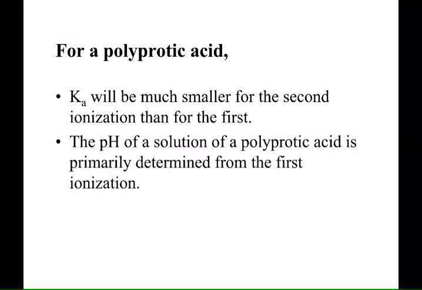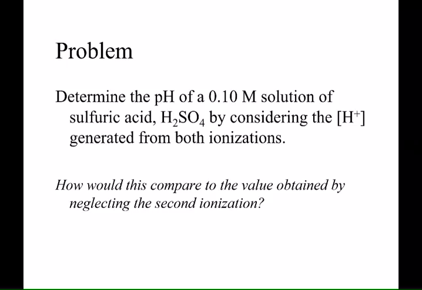We're actually going to prove that to ourselves by looking at sulfuric acid, taking it kind of stepwise. Sulfuric acid was on that list of 6 strong acids, but it's only the first H plus that's strong. When the second one goes, it's actually a weak acid.